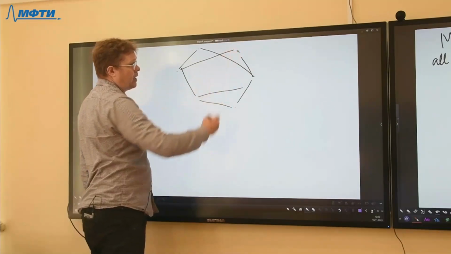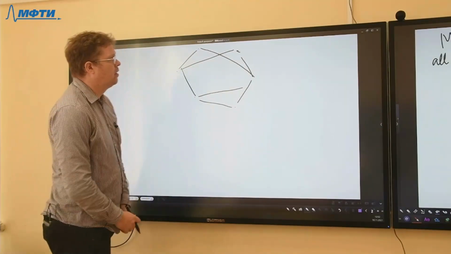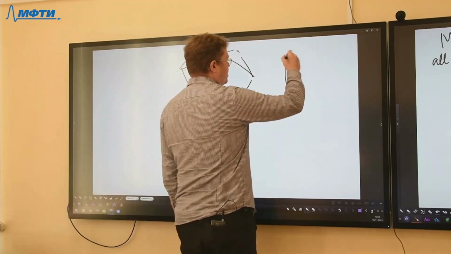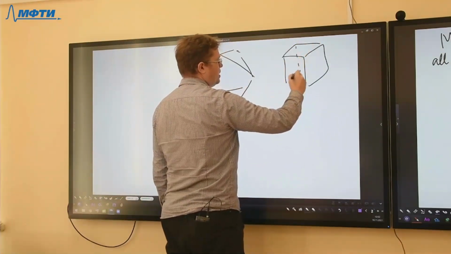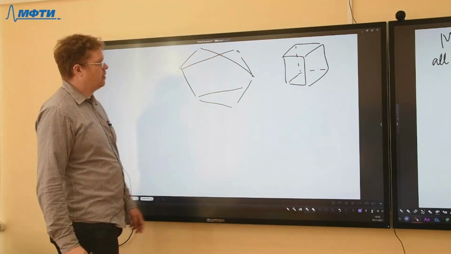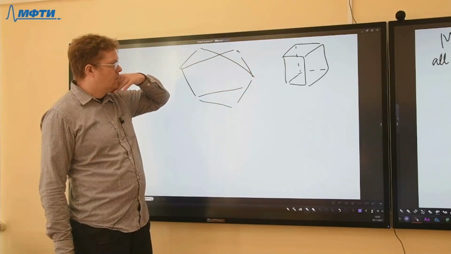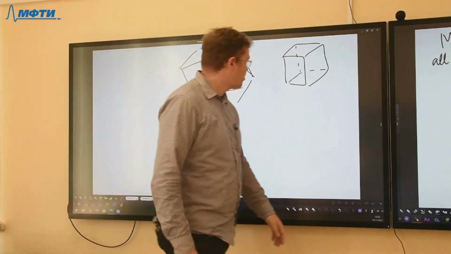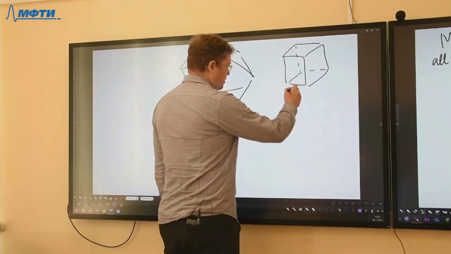For example, we can ask the same question about the edges of a regular polyhedron. If we want to walk through all the edges of the cube, can we start in one vertex and have a trail containing all the edges of the cube, or for example, the octahedron?